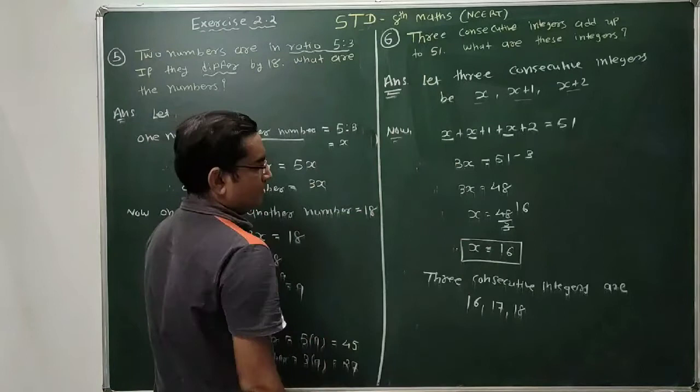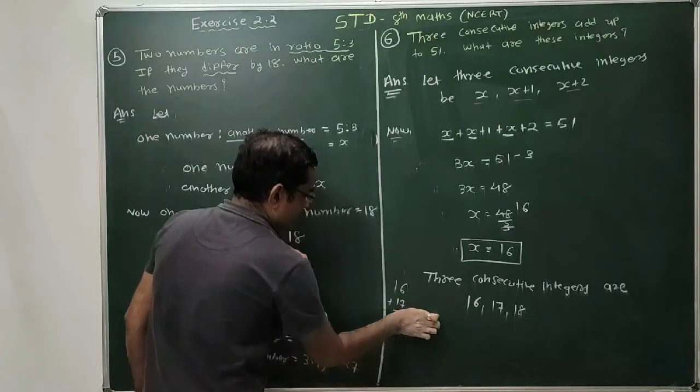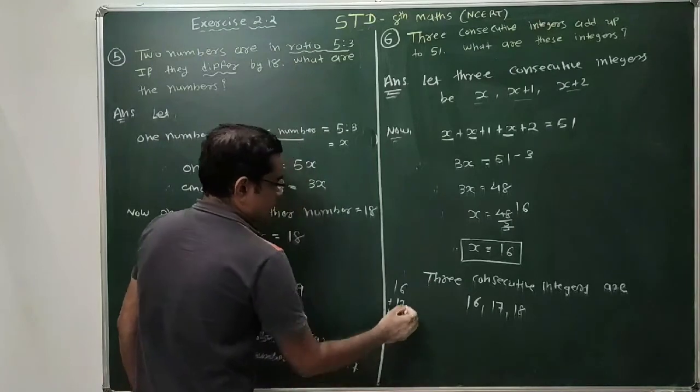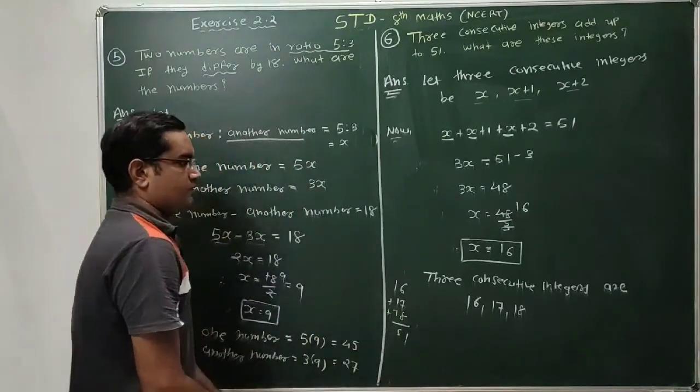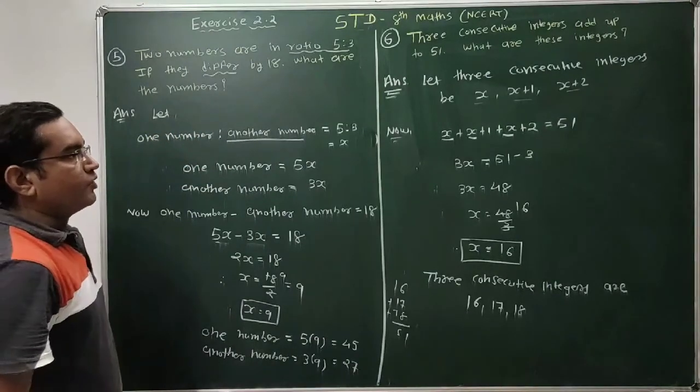These 3 consecutive integers add up to 51. Add them: 16 plus 17 plus 18 is equal to 51. Clear? So this is how you can solve your question number 6.